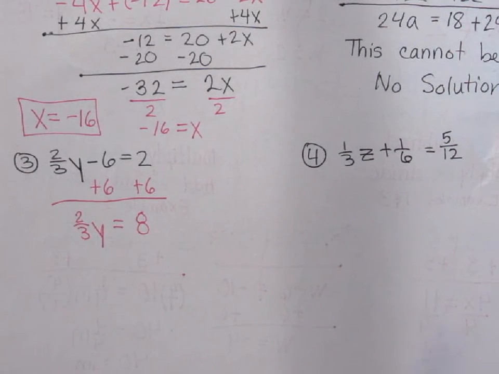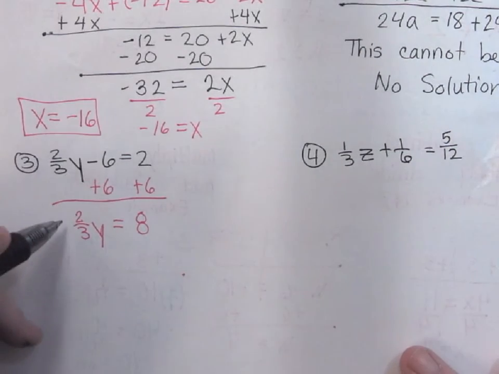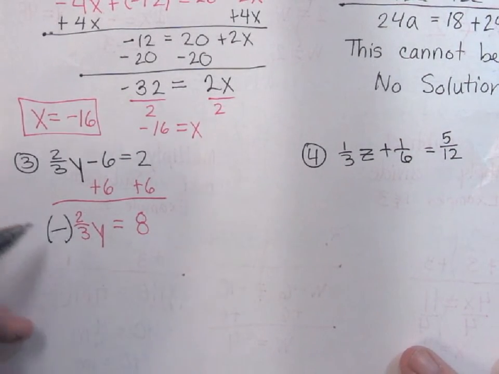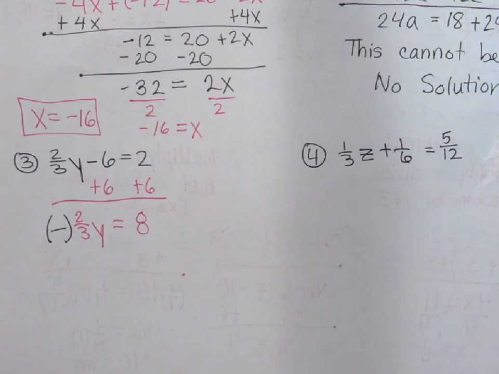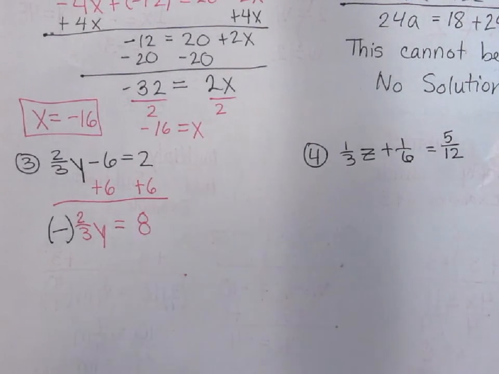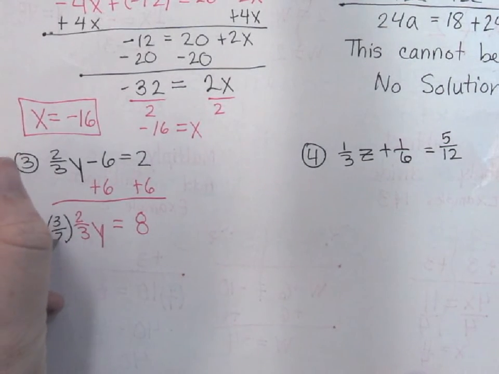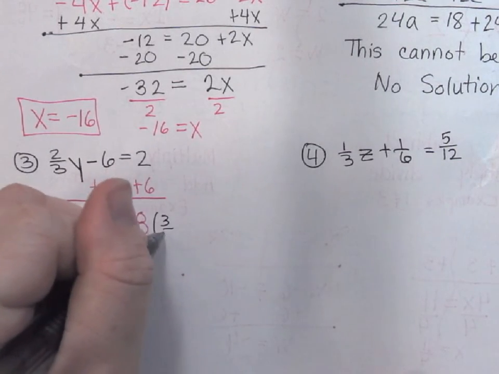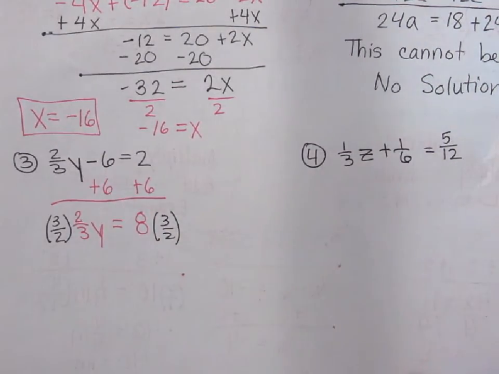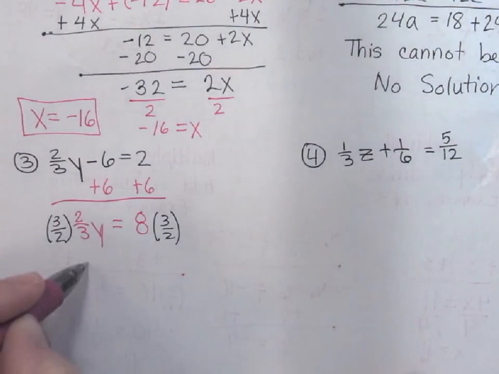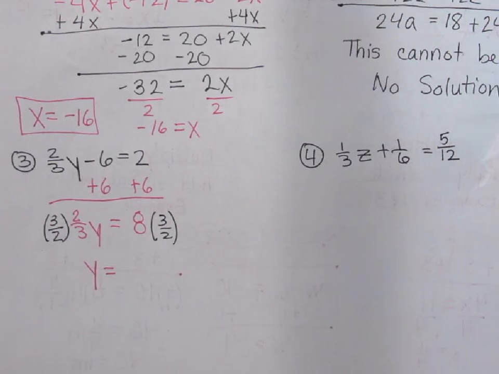All right, now how do I get rid of 2/3? Flip it around. The reciprocal. Right, multiply by the reciprocal. So instead of 2/3, it's going to be 3 halves. Okay. So on this side, it becomes eliminated, and I'm left with y.